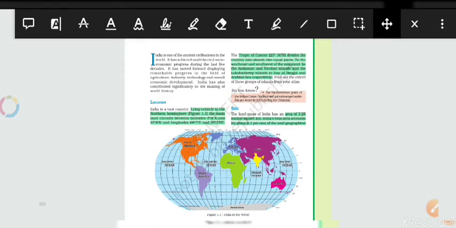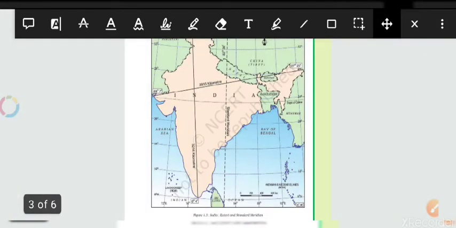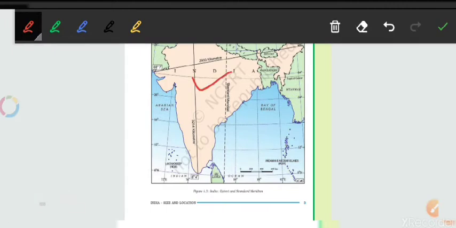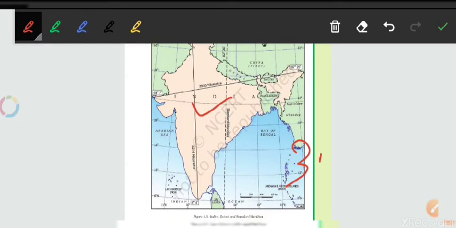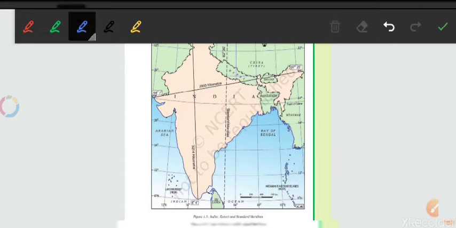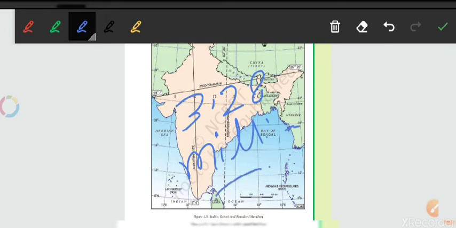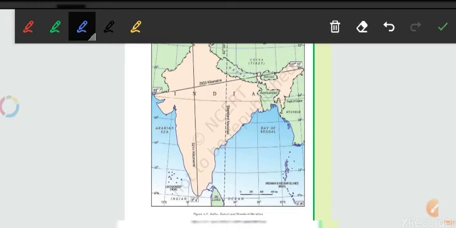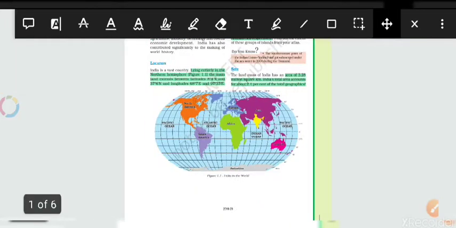So what you have understood is that India has a vast land and vast area.